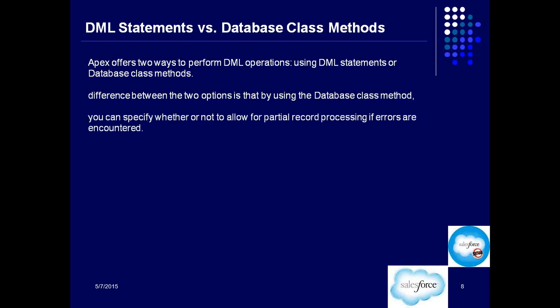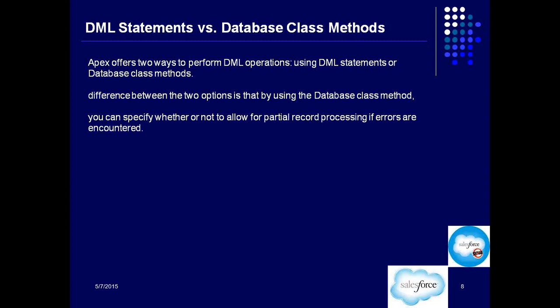The problem with the DML statement is it does not allow partial record processing. It either commits the entire set of records to the database or rolls back the entire set of records, which we don't want. In that case, we should use the database class method.